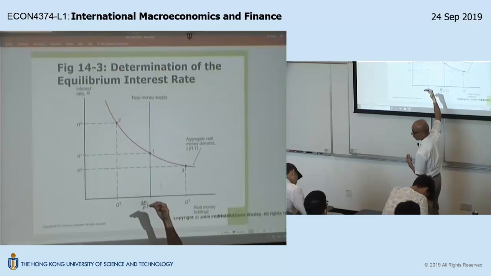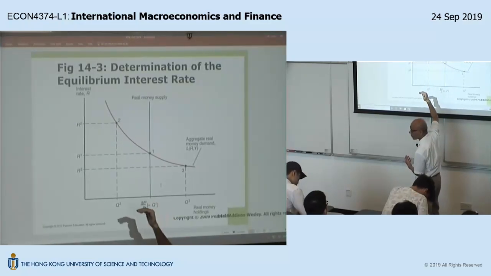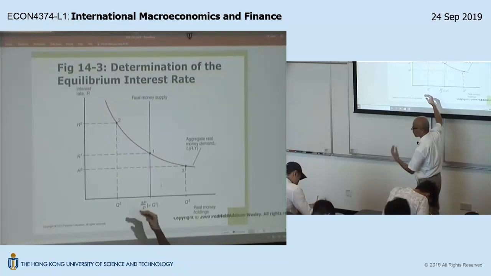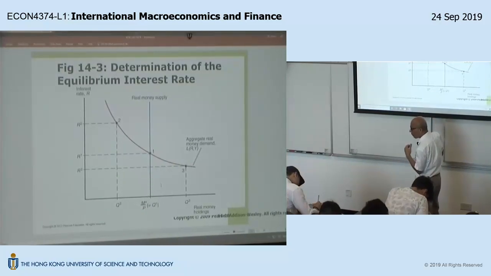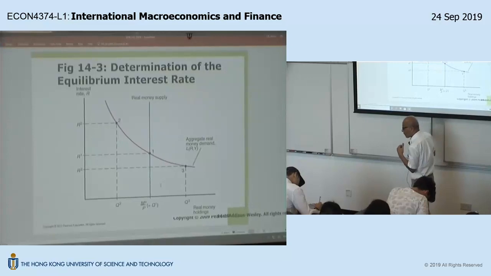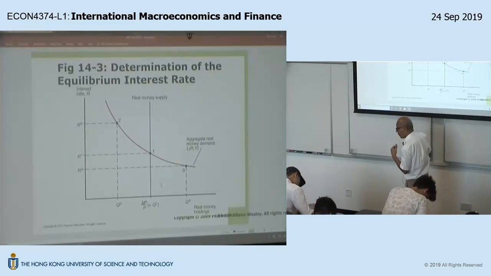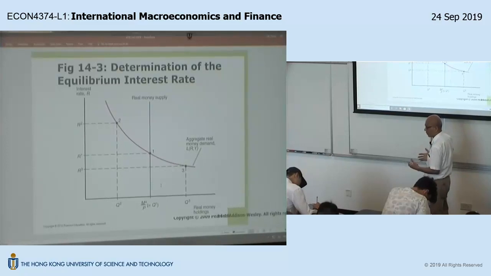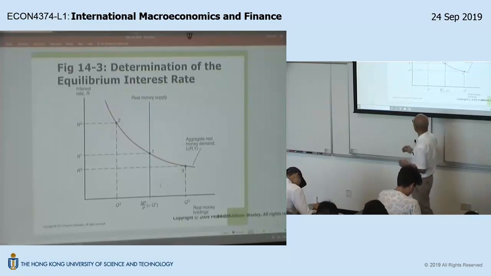The demand for bonds is actually greater than the supply of bonds, so more people want to hold bonds than the quantity supplied. So the interest rate will fall so that people want to hold fewer bonds, and there would be an equilibrium in the bond market.